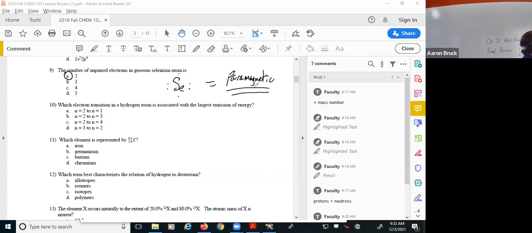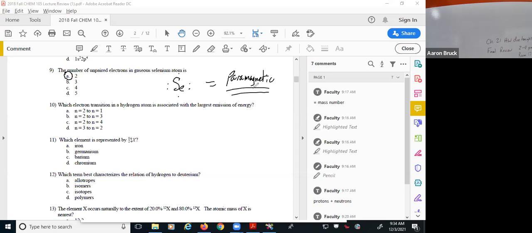Now, I want to draw your attention to a term here that will probably show its way into the exam on Monday night. It usually does. Rather than talking about unpaired electrons, exams of this kind love to talk about something called paramagnetism.